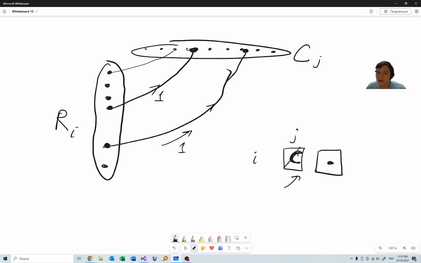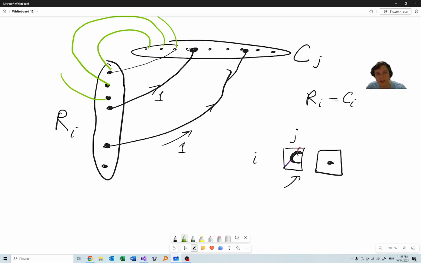So there is also a condition that the flow through Ri should be equal to the flow through Ci. What this means is actually we can connect C first with R first, C second with R second, etc. What will it mean?